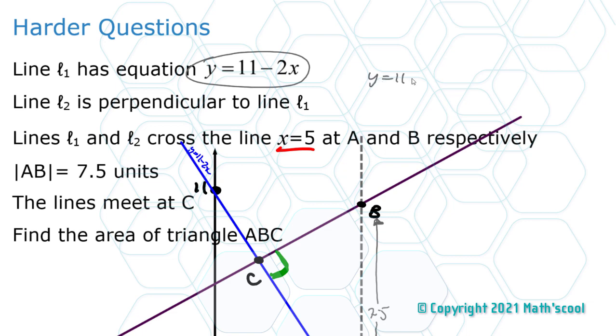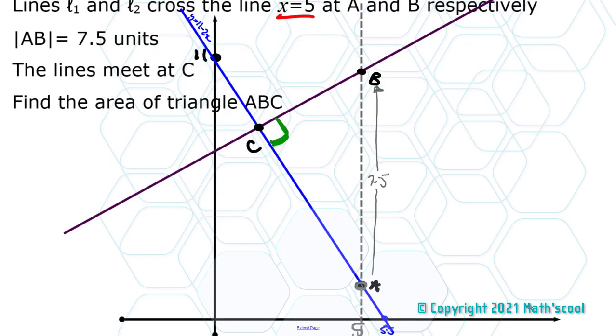So y equals 11 minus 2 lots of 5, which is just going to be 1. So this point here, 5, 1, is A. And then this point here has got to have a y coordinate 7.5 units higher. So that's going to be 5, 8.5.